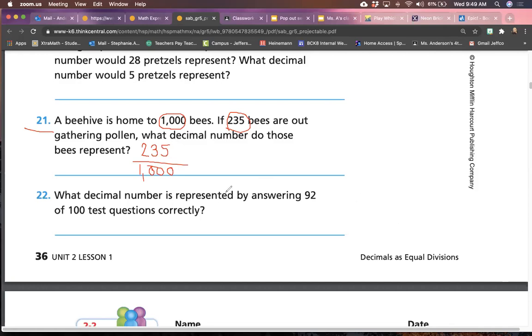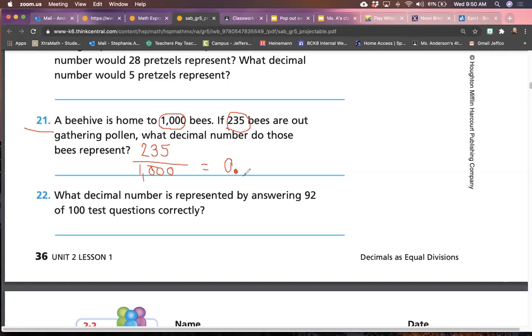How could I write this as a decimal? I want to hear from someone different. Give everyone a second to think. Remember, if it's 235 thousandths, my number needs to end in the thousandth place.